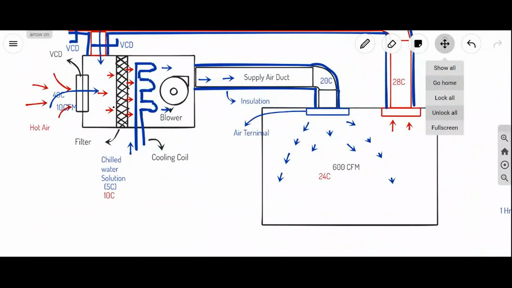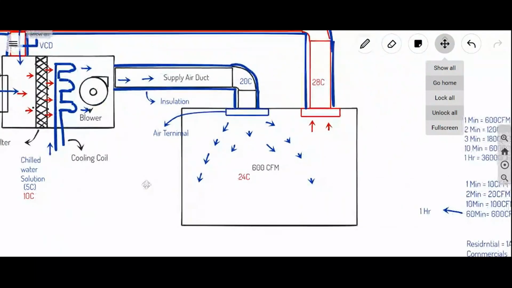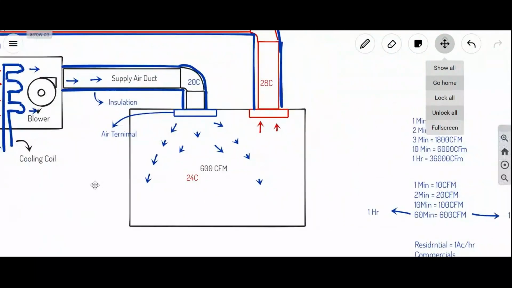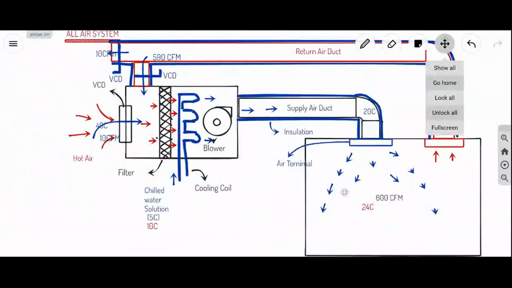Sir, can you please explain this calculation again? See, every minute we are supplying 10 CFM of fresh air and 10 CFM of exhaust air.